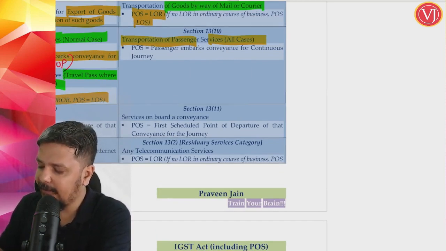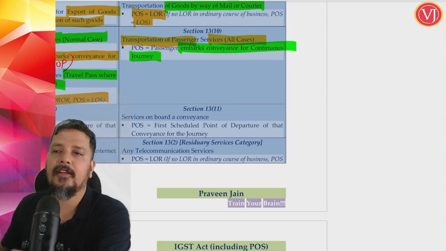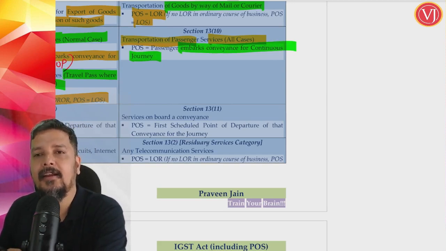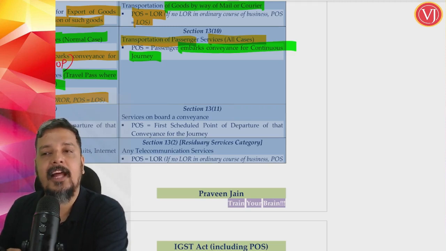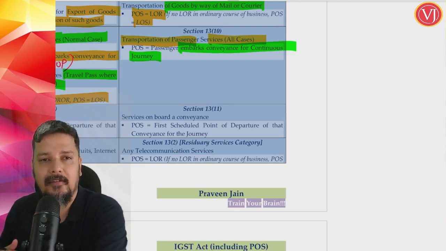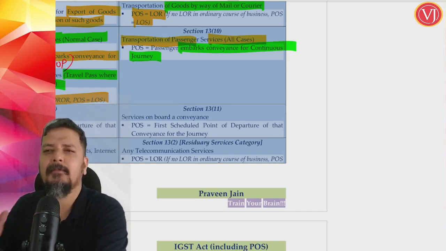They tell that it is the place where passenger embarks the conveyance for continuous journey. To put in simple terms, they have not recognized here what if it is a pass case. There might be a travel pass even for a foreigner who is using Indian Airlines. But they have not recognized that in section 13. It may not be much, but it is possible.